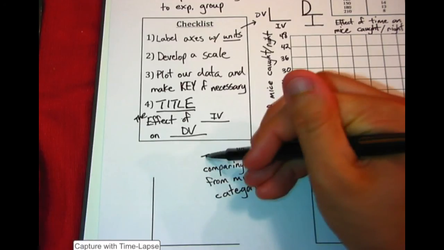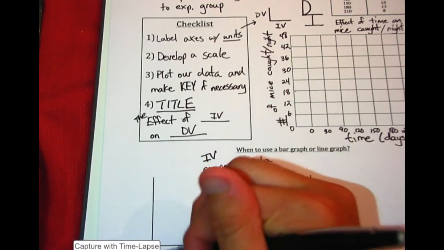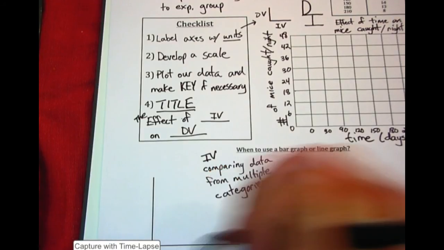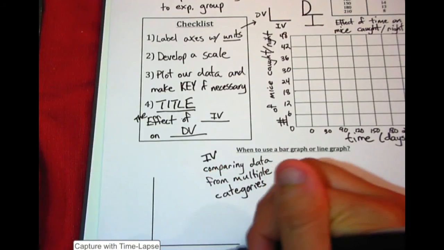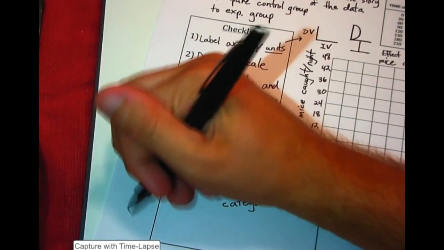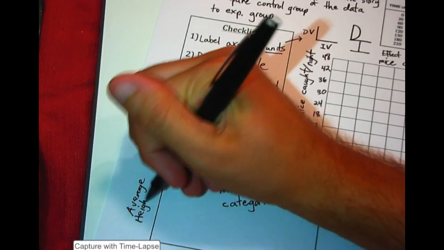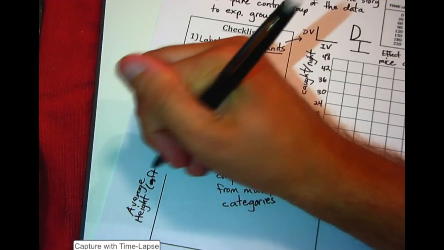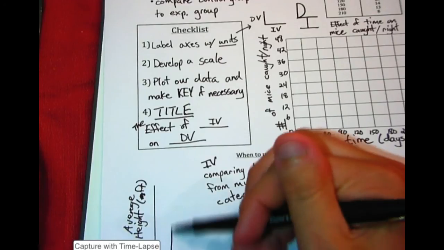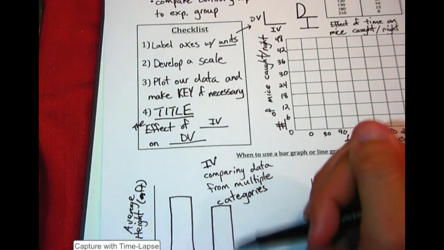And this is when we're talking about our independent variable. And so for example, a category could be like males and females. Maybe we're measuring average height. All right, these are two distinct categories, so we will have a bar graph.